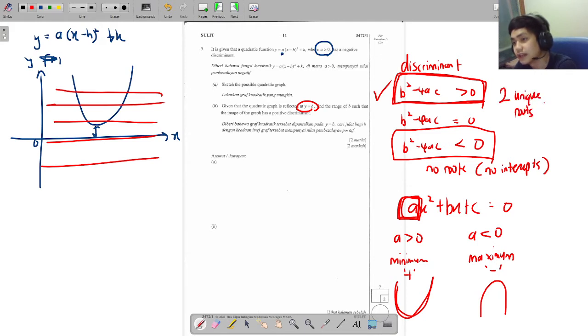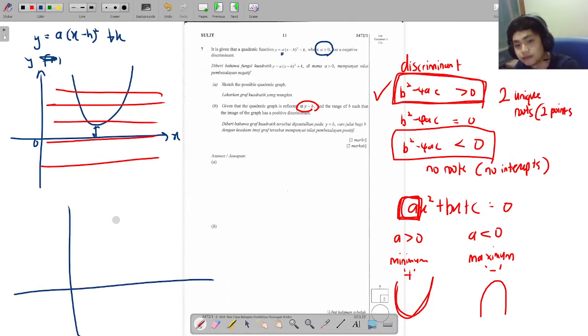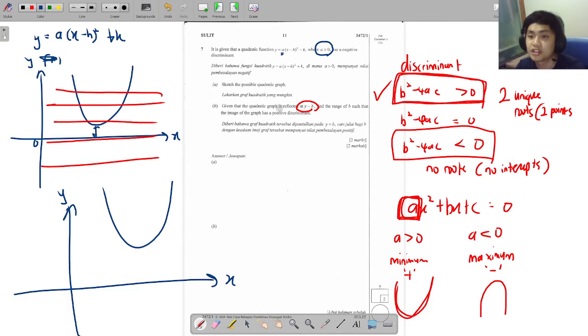Or, in other words, you intercept the curve at 2 points, right? So we can't exactly guess where that line is here. So I'm just going to erase, actually I'll just redraw it a bit bigger. We can't actually guess where that point is, but we can work with the information provided.